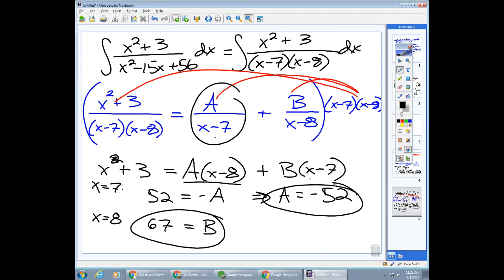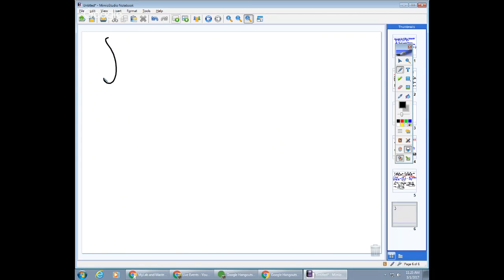So that means I can rewrite my original integral. We had the integral of x squared plus 3 over x squared minus 15x plus 56.